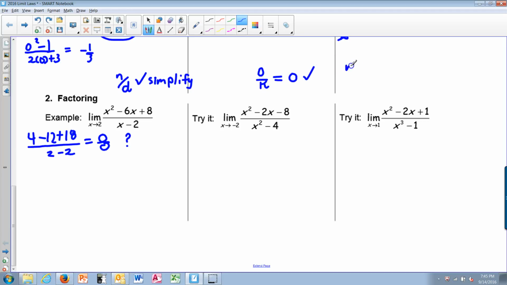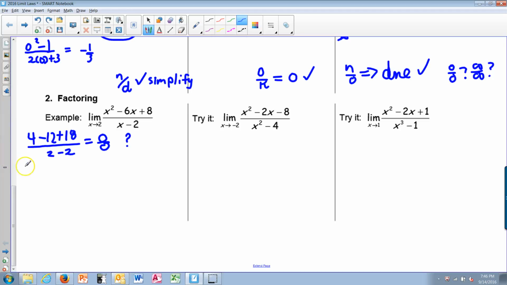If you get a number over 0, that's an undefined number. But basically, as far as a limit is concerned, that means that the limit does not exist. And you're done. It's only when you get that 0 over 0, or later on in calculus we're going to see when we get infinity over infinity, that we have to figure out an answer that isn't as obvious.